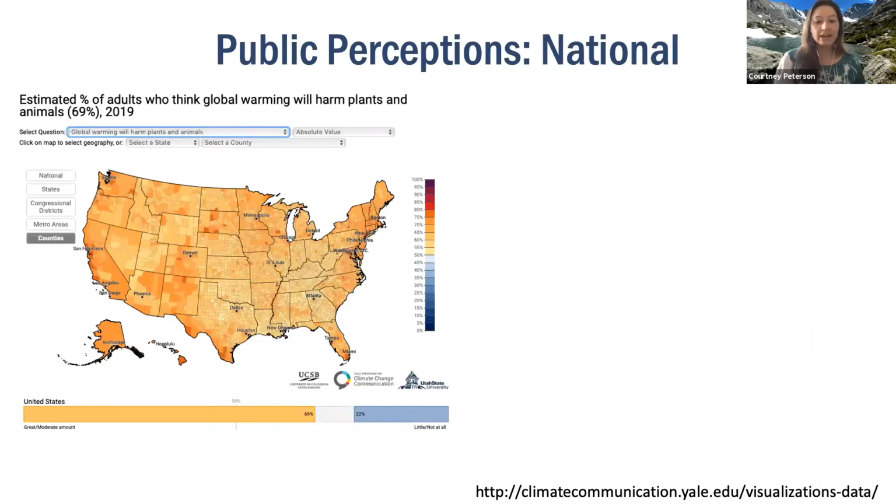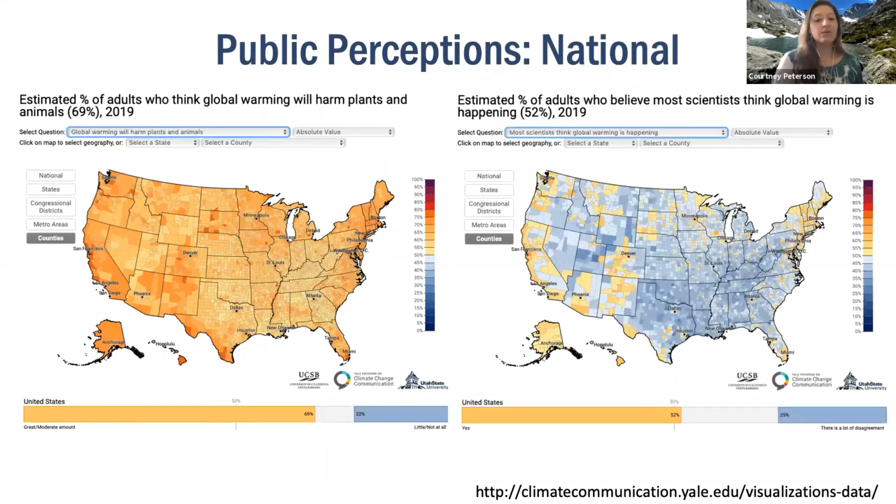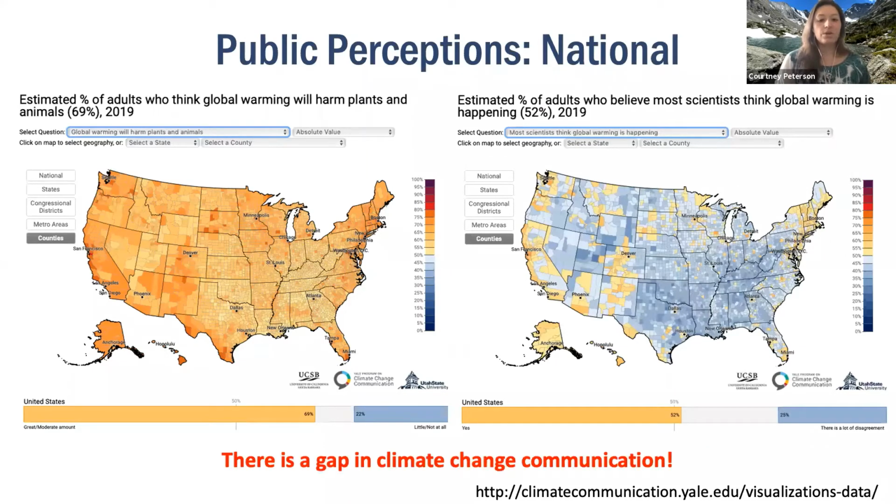And so again, I just always think it's interesting that 69% of the population really thinks that climate change is going to harm plants and animals, which again has those implications for really thinking about climate change and forest management. And yet only 52% of people believe that most scientists think climate change is happening. And so there is this stark gap in how we're communicating about climate change with our audiences and the partners that we're implementing management with.